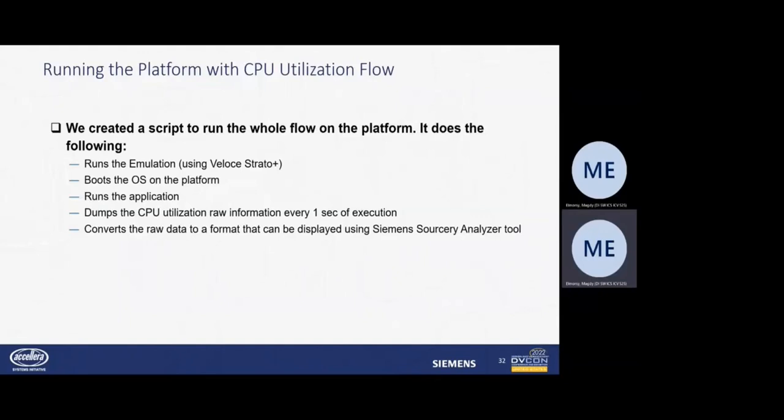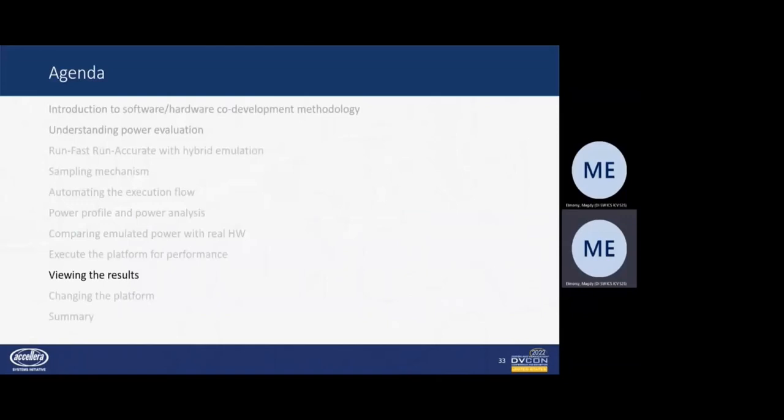We repeat that over and over again to get the CPU utilization profile for many nodes along the time. And we use a Siemens Sourcery Analyzer tool to plot the CPU utilization graph.